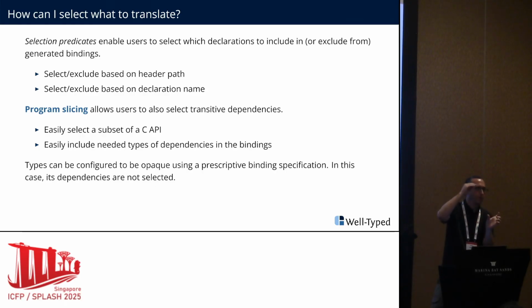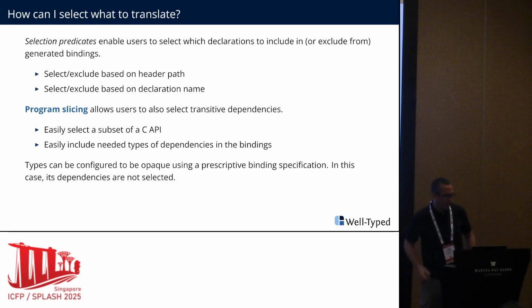If you had to create selection predicates for every single dependency, that would be very hard to first determine and then maintain. So you enable program slicing, and then all of those are included by default.